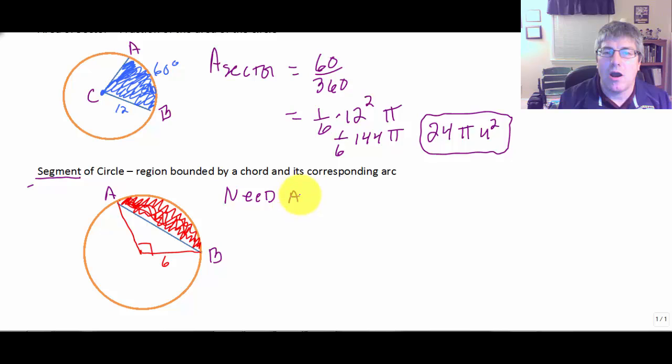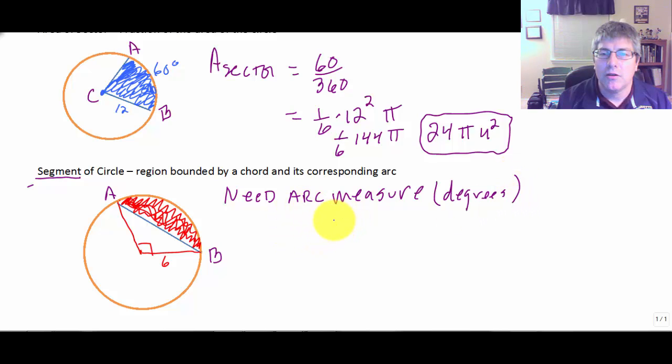We will need the arc measure, that is degrees, remember that. And we will need the radius of the circle.